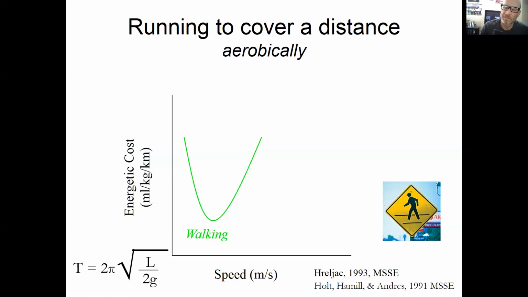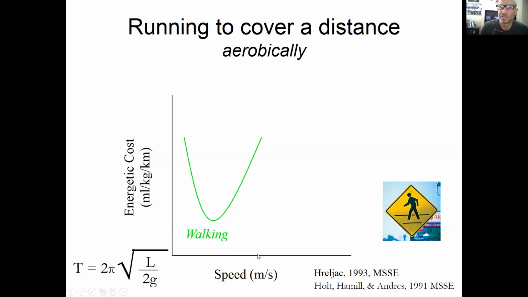So let me go through this one more time. What we're doing here is we're looking at how much oxygen we're going to consume to cover a particular distance as we walk faster and faster and faster and faster. And walking is this complex curve where there's a minimum amount of oxygen that is consumed at a particular speed.